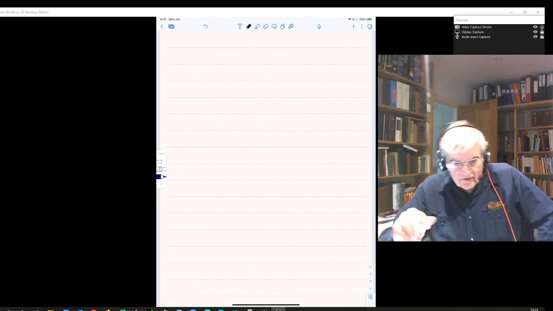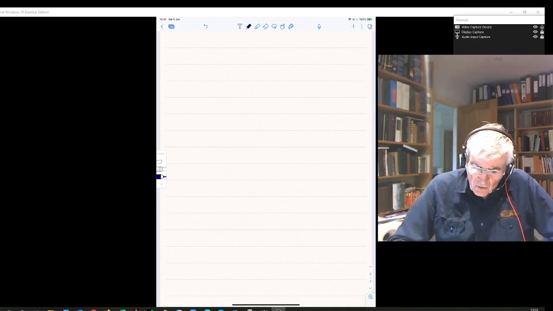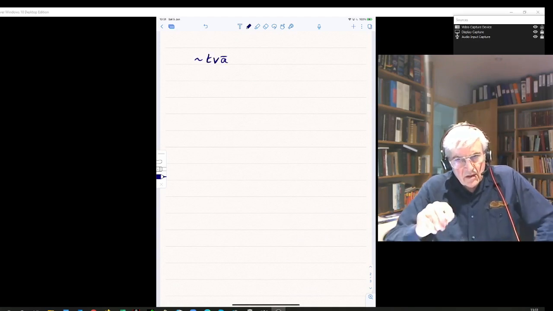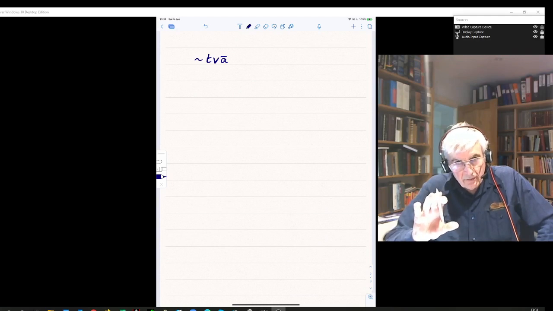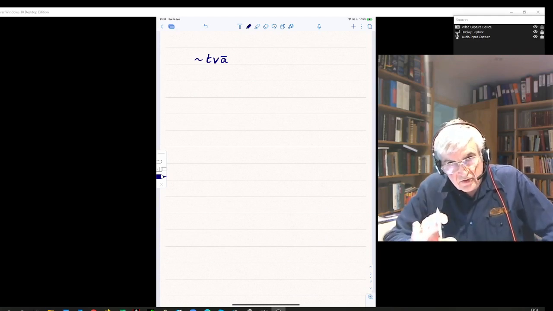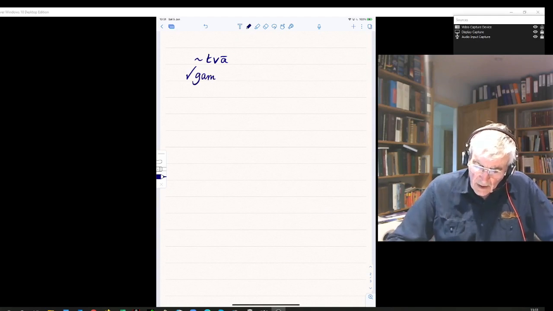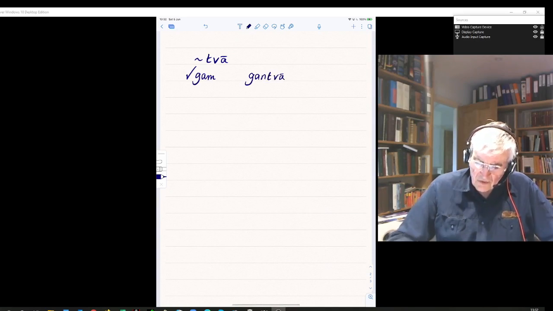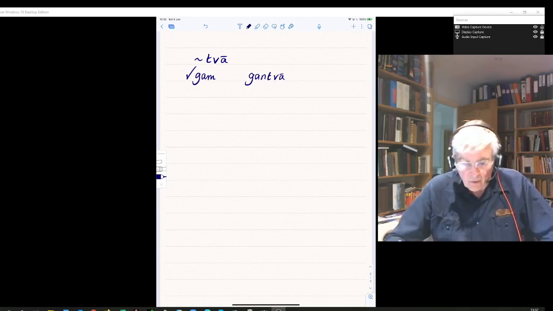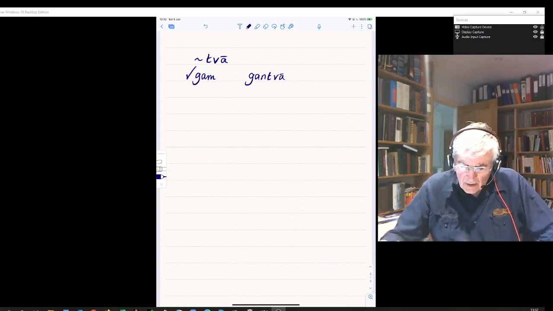The rule in Sanskrit is this, that tvā, as an absolutive, having done so and so, is added to a pure root, that is a root without a prefix. So look at the root gam, to go, and in Sanskrit that becomes gantvā. As we've seen, just change the m to an n before a t, which is normal euphonic change, gantvā.